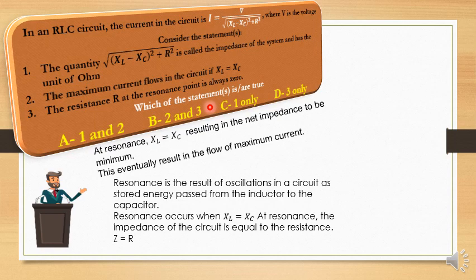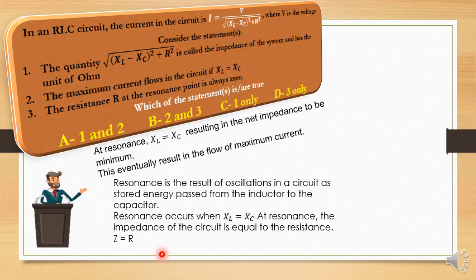What is resonance? Resonance is the result of oscillations in a circuit as stored energy passes from the inductor to the capacitor. So at resonance, we have that the reactance of the inductor is the same as the reactance of the capacitor.